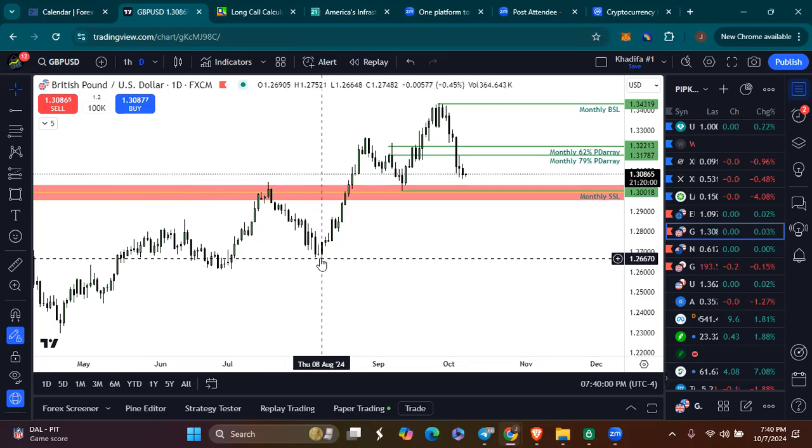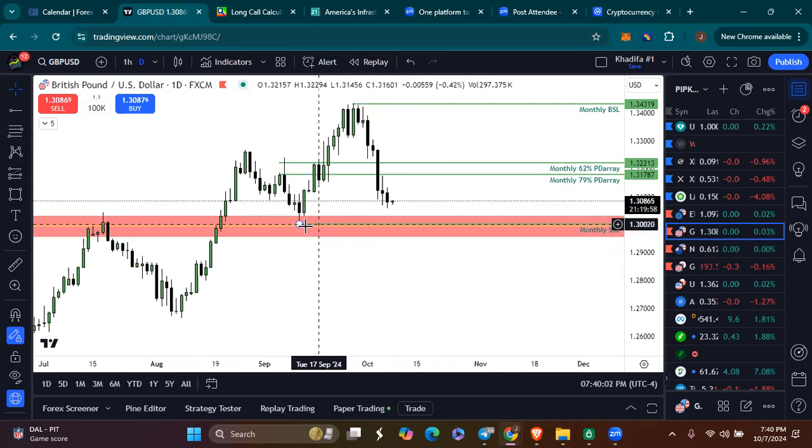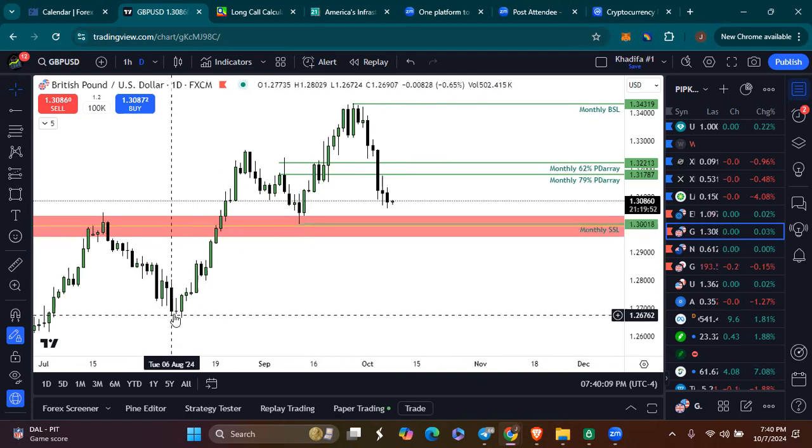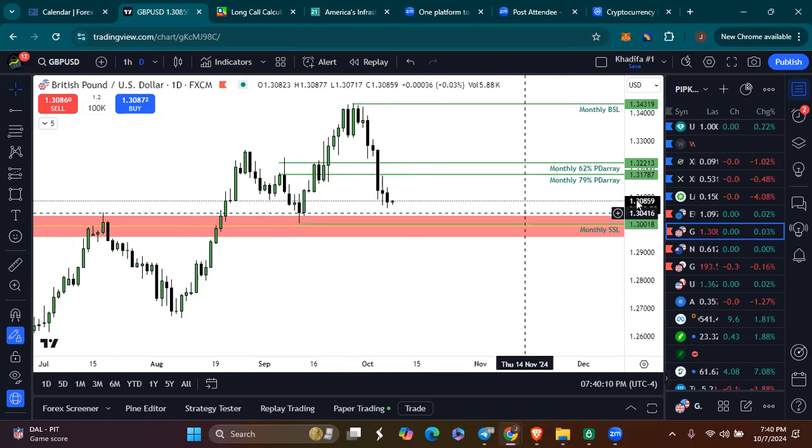And that's August low. So if we break aggressively below this low, September's low, then I expect price to run August low.